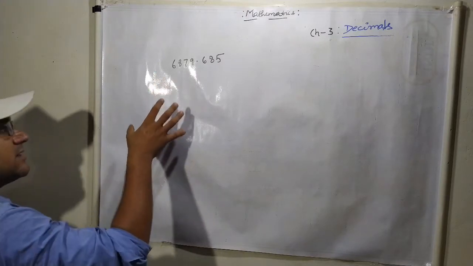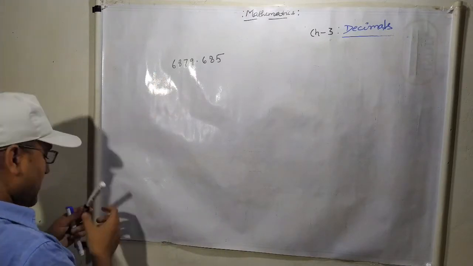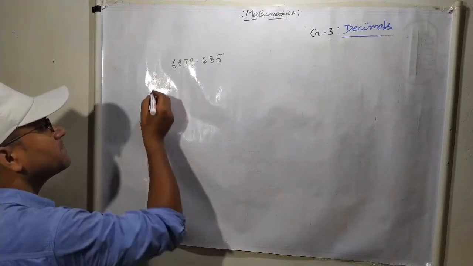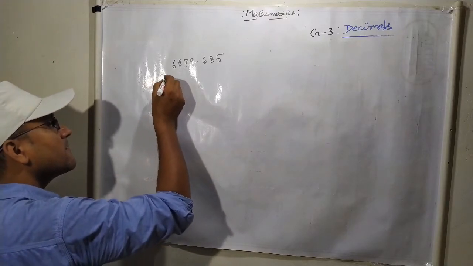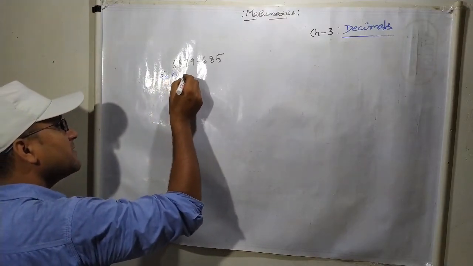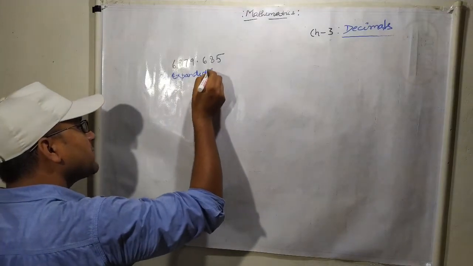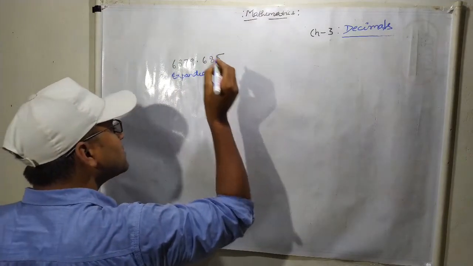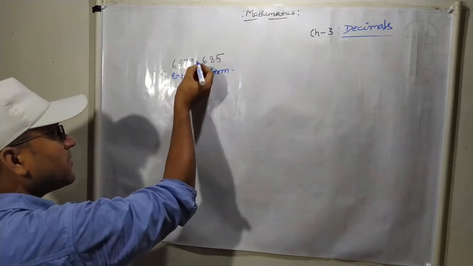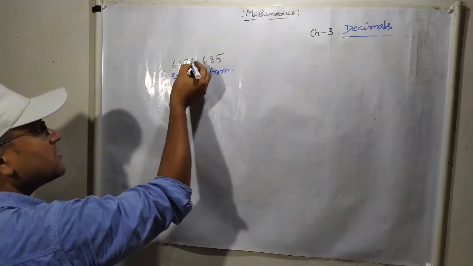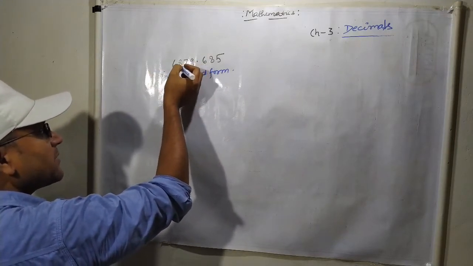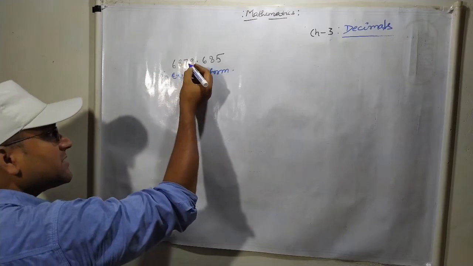So how will you write it in expanded form? Students, I told you that before this decimal are the ones place, tens place, hundreds place, thousands place.